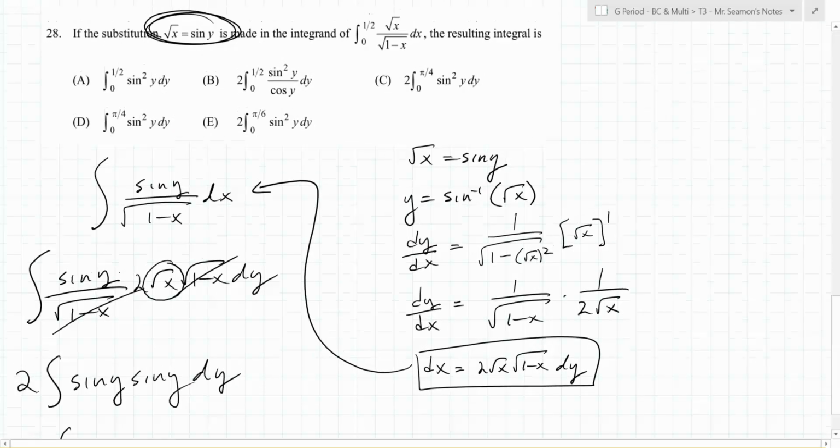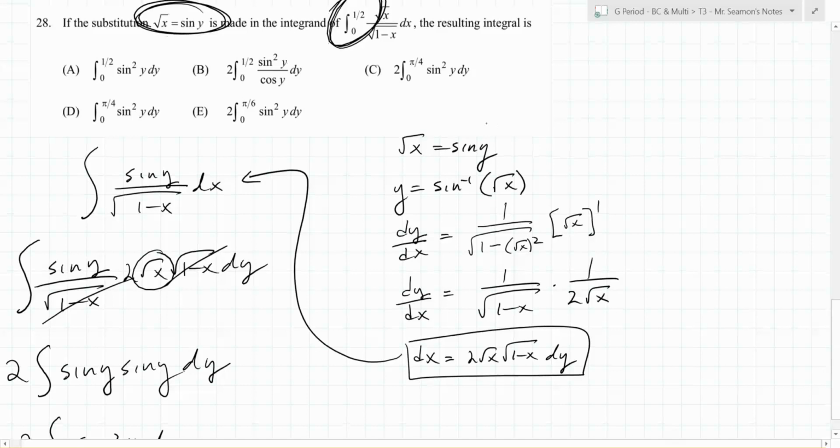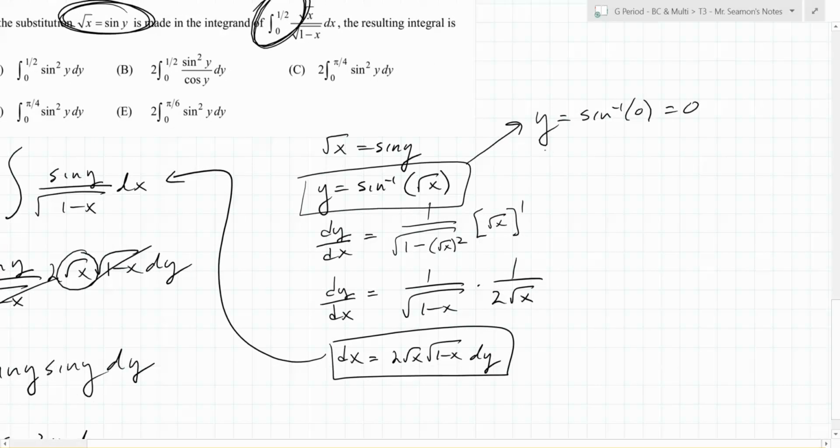The limits of integration. What were the original limits of integration? So right here, what do we know y is equal to? Sine inverse, right? What's the lower limit? What's sine inverse of 0? The sine of what is 0? 0. And the sine of what is 1 over root 2? Why did I put 1 over root 2, by the way? Because it's the square root of 1/2, right?